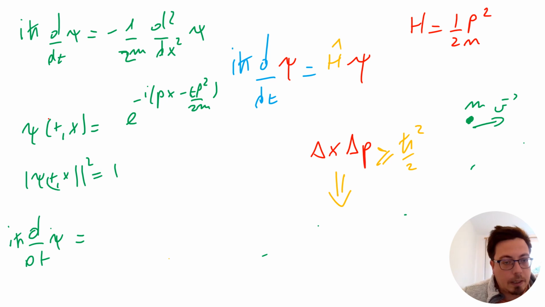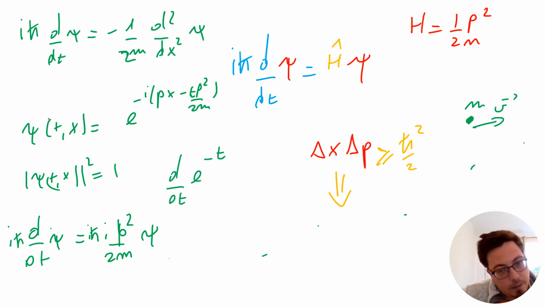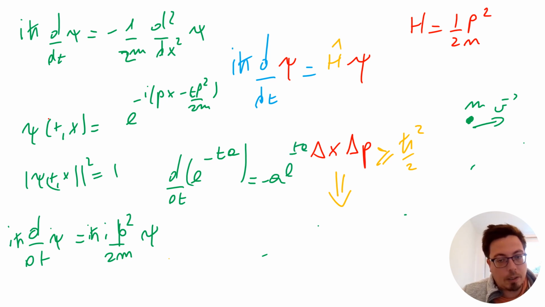If we derive in time, we get i p squared over m, and then we multiply by h bar and i over psi, because we know the derivative of an exponential is an exponential with a constant value up front.